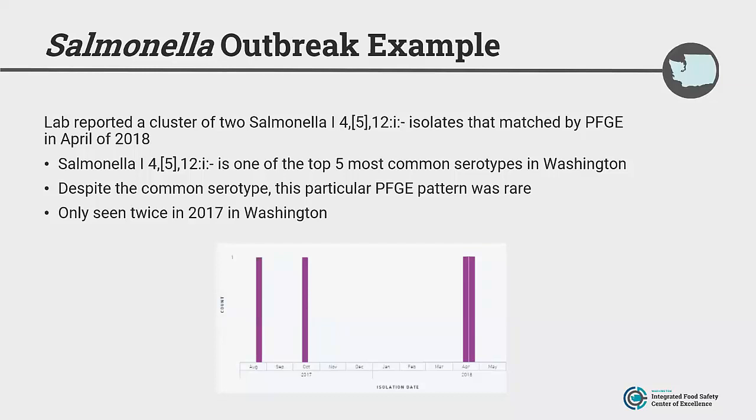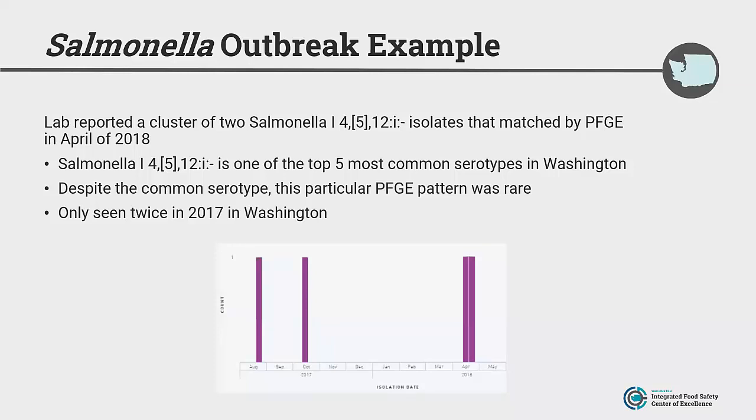This particular serotype of Salmonella is one of the top 5 most common in Washington, but despite being a common serotype, this particular PFGE pattern was rare, and it had only been seen twice in the previous year of 2017 in Washington. So we had these 2 cases reported in April of 2018.